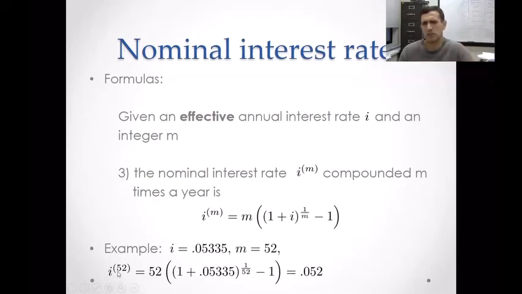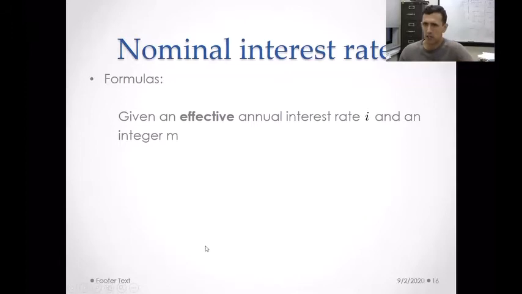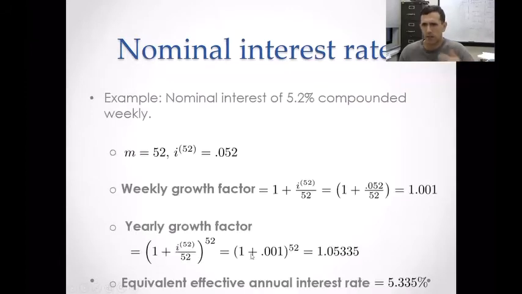So for example, I plugged in 0.052 as a decimal, not as a percentage, and it spit out a yearly growth factor, which, subtracting 1, gives me the decimal interest rate 0.05335.